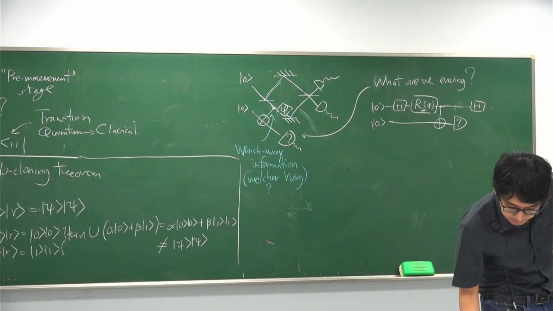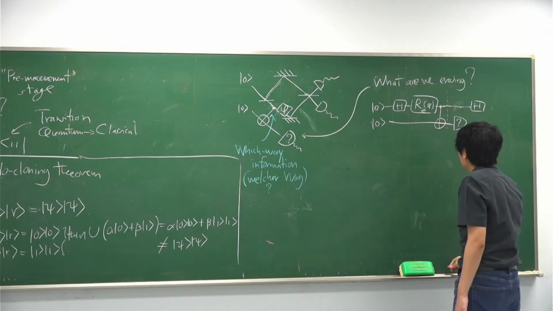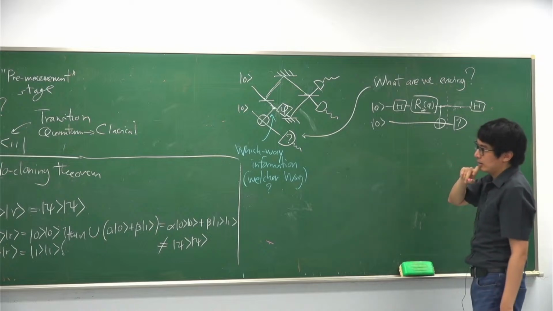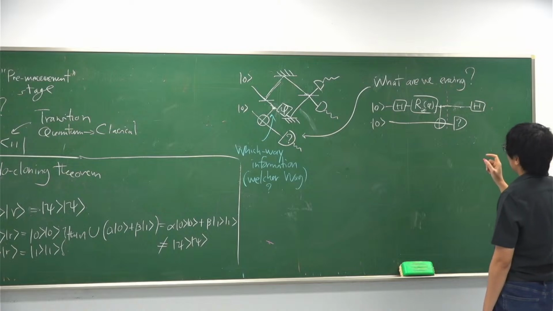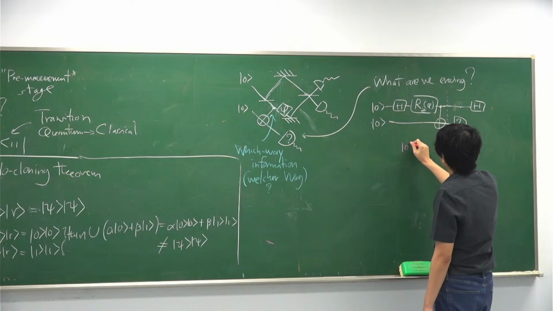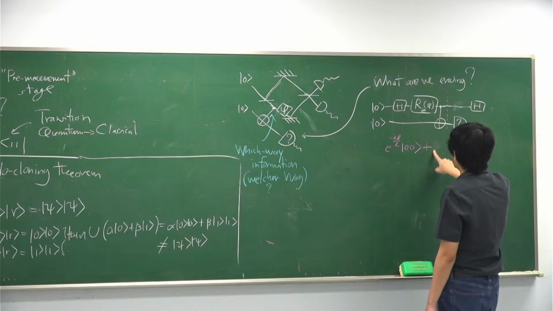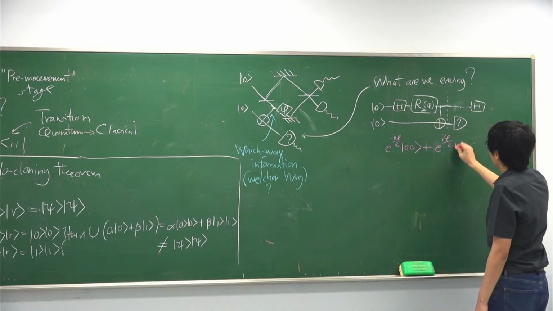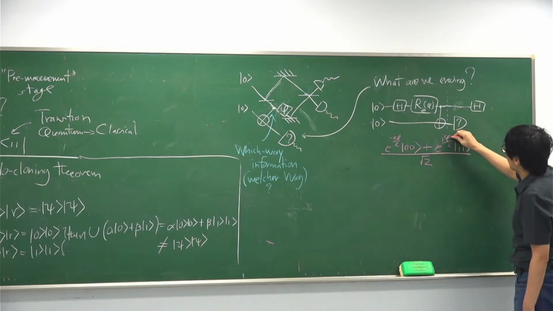What is the time? Oh, almost ran out of time. So what is the state here? Oh, we already erased everything. So this superposition gives... yeah, so this is now the state at this point, right?